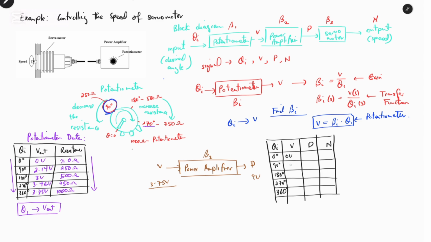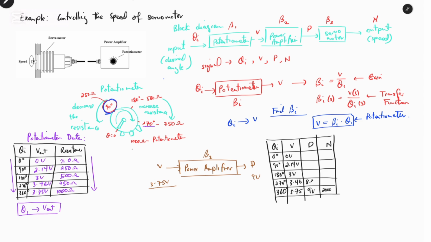And we have 0 volts, 2.14 volts, 3 volts, 3.46 volts, and 3.75 volts. For P, we previously discussed that we should have 9 volts here, which corresponds to 2000 revolutions per minute. So if we calculate with respect to our beta, which is 2.4, we should now complete the table.